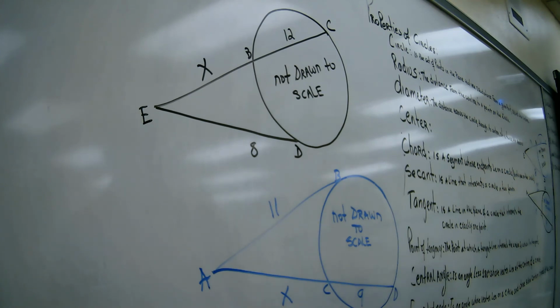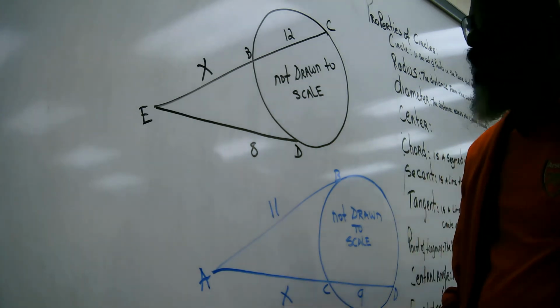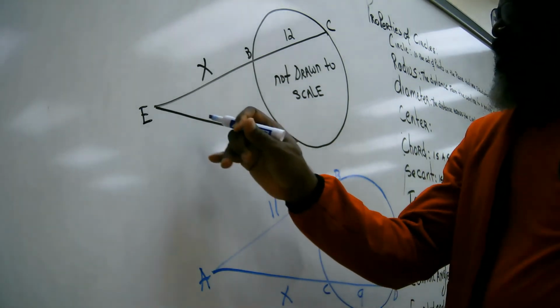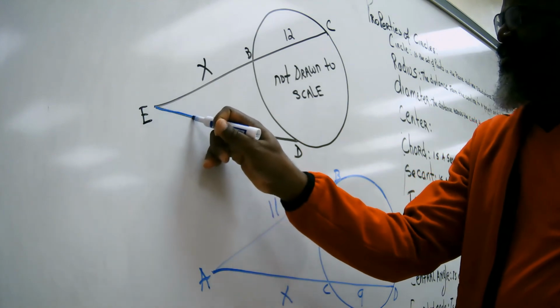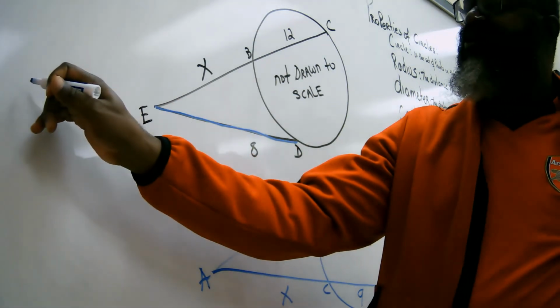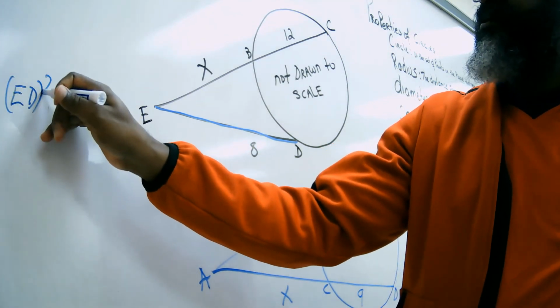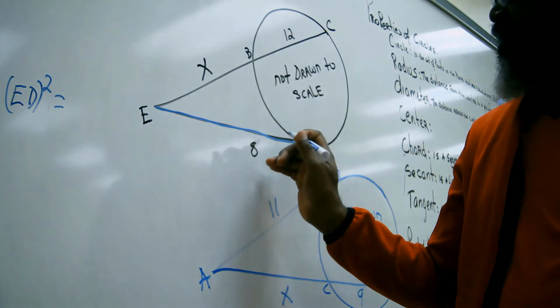continuing our lesson. And when we have a secant and a tangent, remember that you always square the tangent. In this case, the tangent is ED, so your equation will be ED squared. In this case, ED is 8.